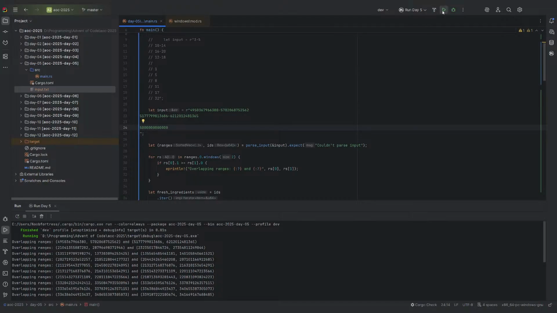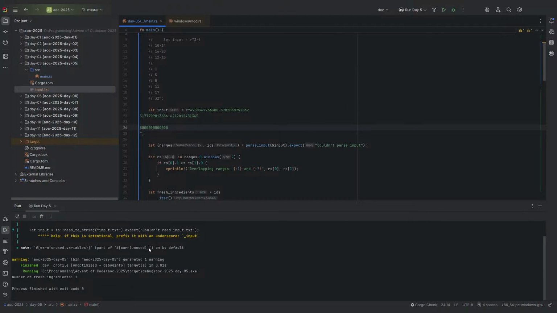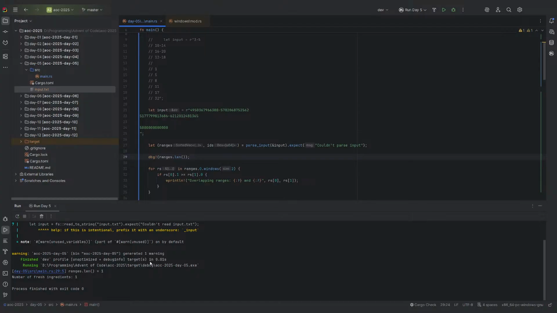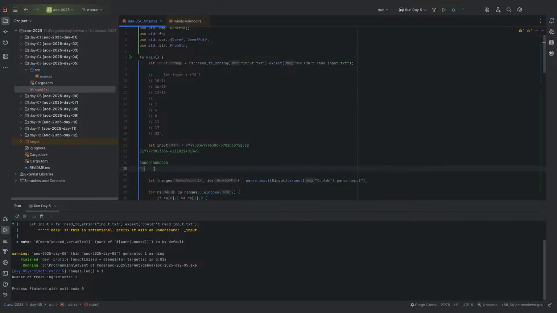That will be in range. Didn't do that. I should be able to say debug ranges len. So it does work correctly this time. So it works correctly on a short input like this.